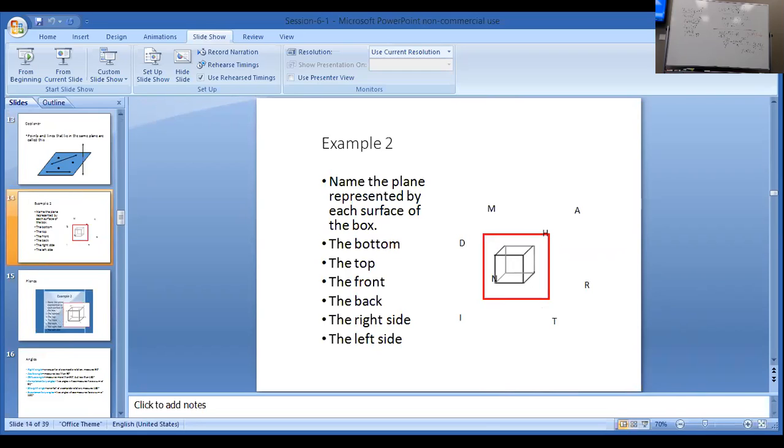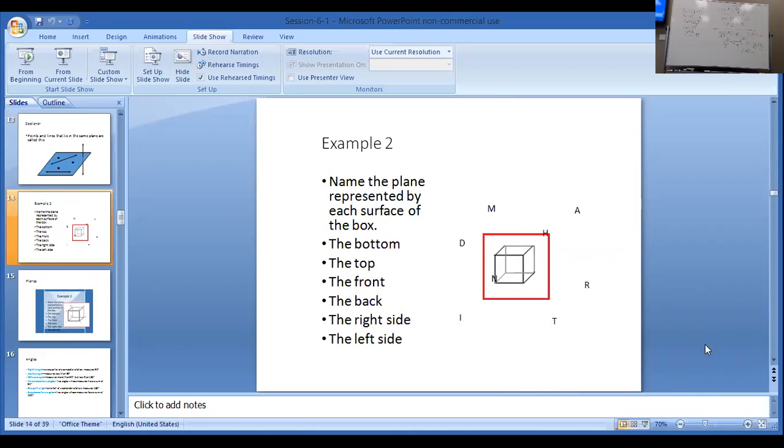Now, this side is HART. That side, the left side, is DMNI. And the back is MNRA.